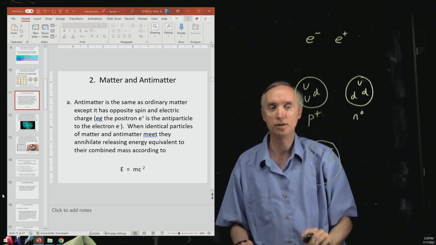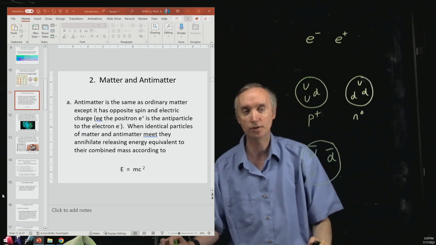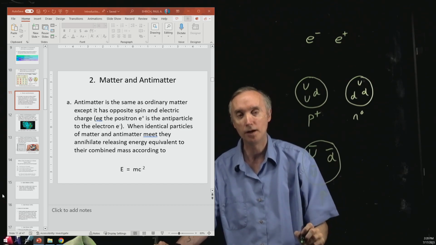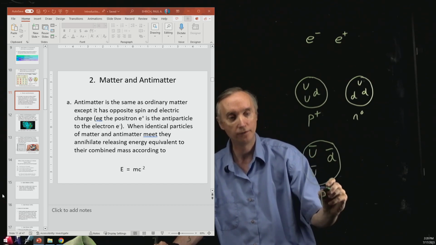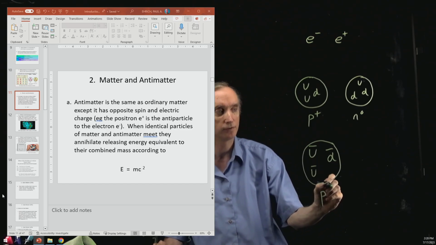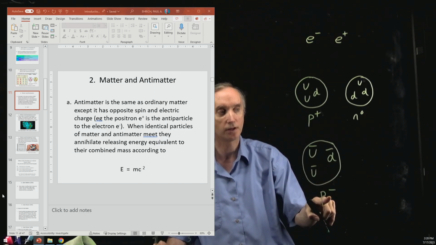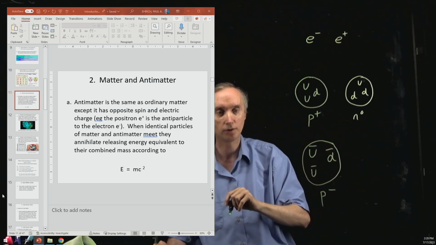What particle would you get? Well, it turns out that you would get a proton, but that proton would have a negative charge. So this would be the antiproton that goes with the regular proton.